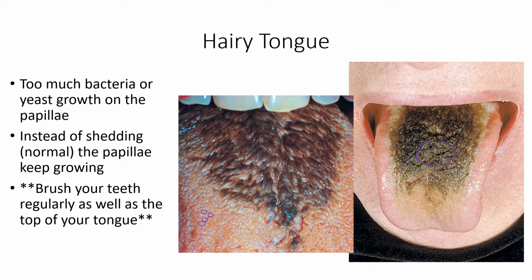It's a very important thing to do. It is going to help the health of your tongue and help your tongue shed these papillae. Some of the symptoms of this condition include a loss of taste, as well as, you can probably imagine, very bad breath.